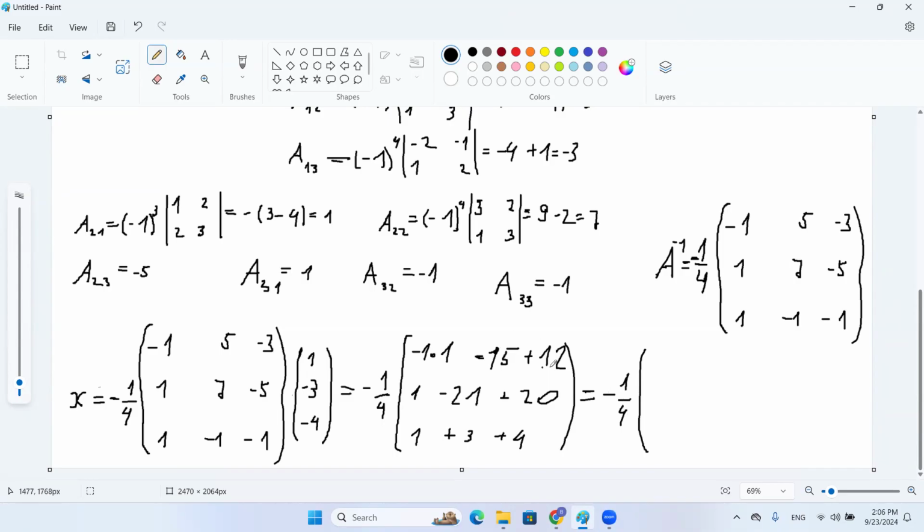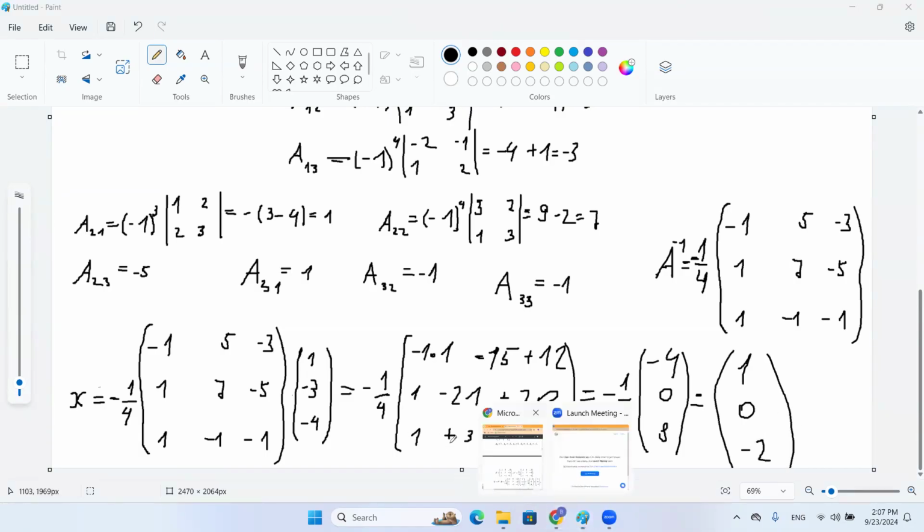So we have -4 in the first row, here 0, and here 8. And the result is 1, 0, -2.